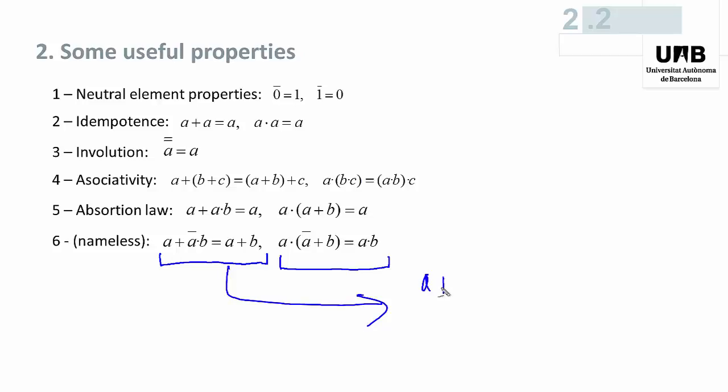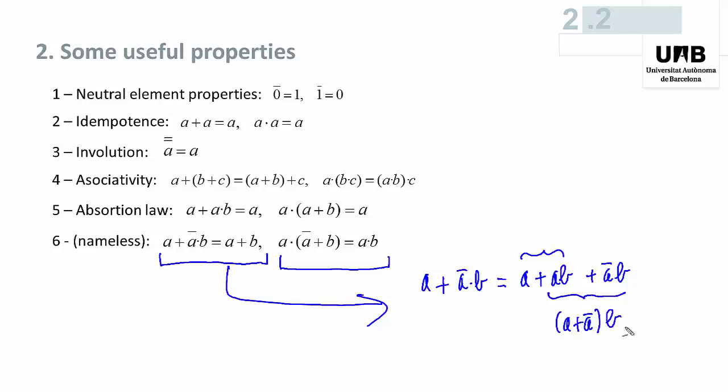A plus not a times b could be replaced by a plus ab, absorption law, plus a times b. But a times b plus ab is the same as a plus not a times b. This is 1, so that finally this is equal to a plus b.